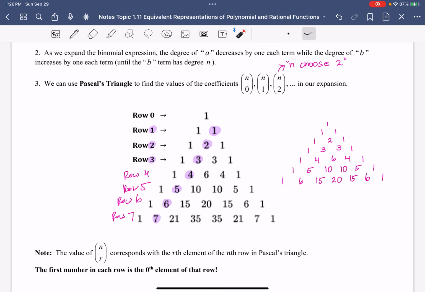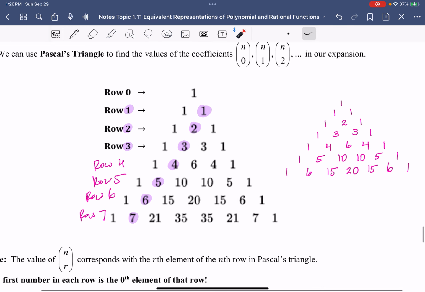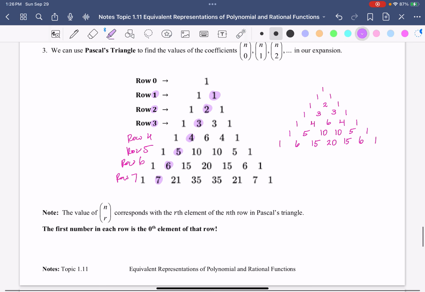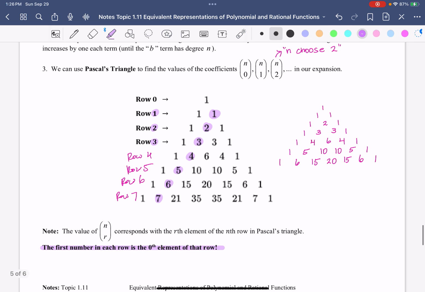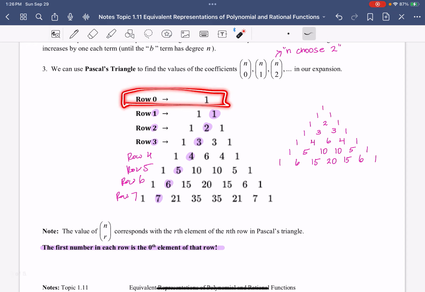So the number of rows that you're going to need to recreate depends on your highest degree that you're being asked to expand. Now, a key here is that your first number is always going to be the 0th element, okay? So notice that we start with row 0, so you're not counting from 1, this is row 0.